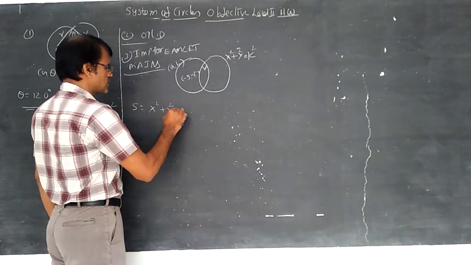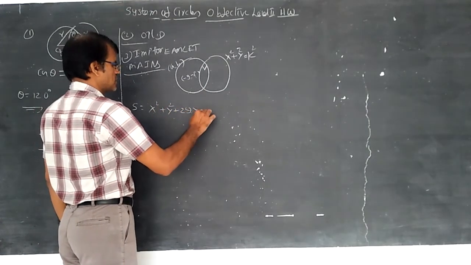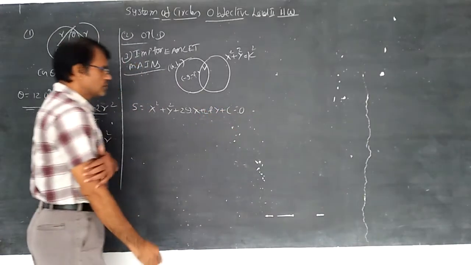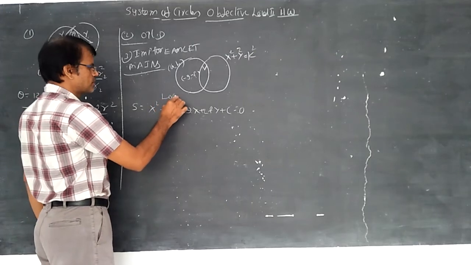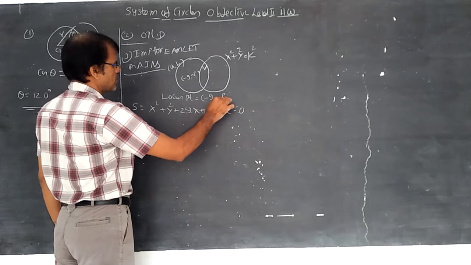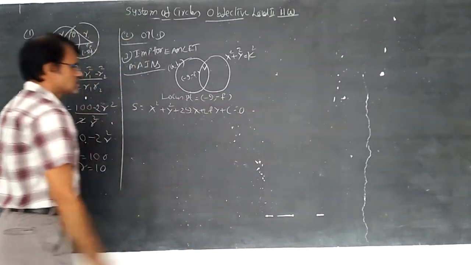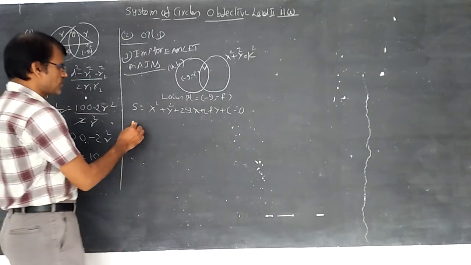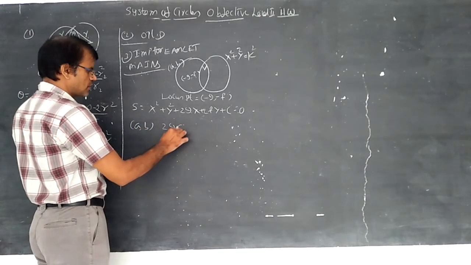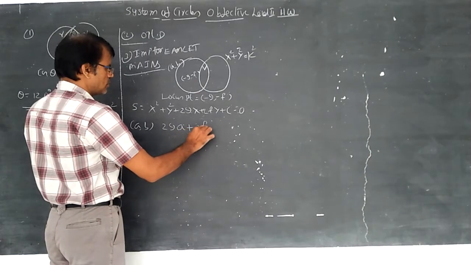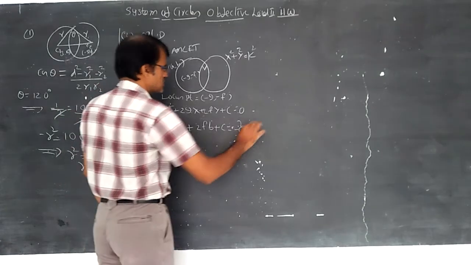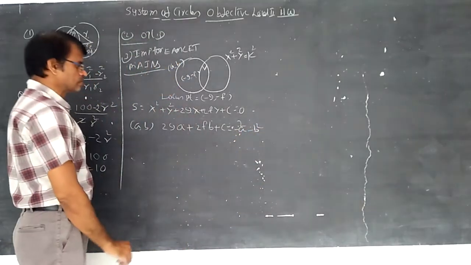X square plus y square plus 2gx plus 2fy plus c equal to 0. So here the locus point is minus g comma minus f. What is happening here? This is passing through a comma b. So substitute here. You can write 2ga plus 2fb plus c is equal to minus a square minus b square.